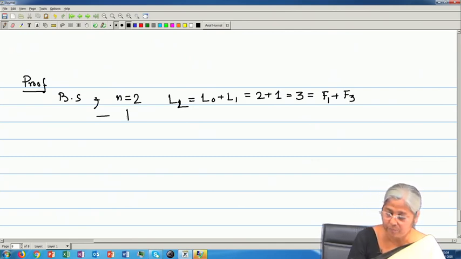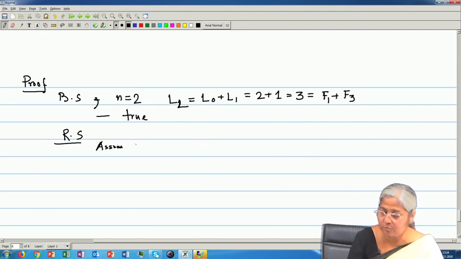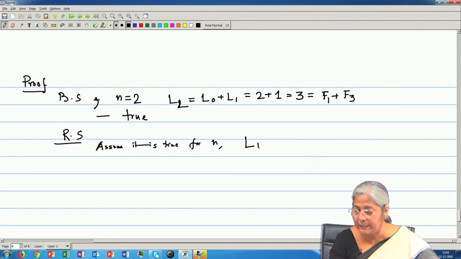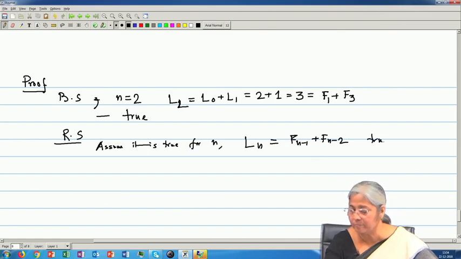So, it is true. And for the recursive step, assume it is true for n, assume it is true for n. So, L n equal to f n minus 1 plus f n plus 1, true.